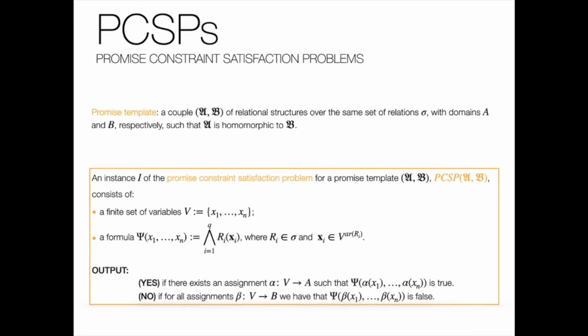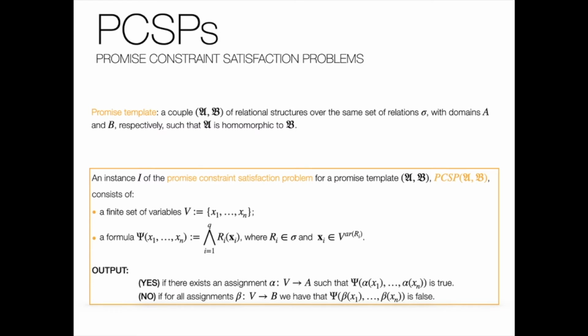A promise template is a couple (A, B) of relational structures over the same set of relations Σ with domains A and B respectively, and such that the relational structure A is homomorphic to the relational structure B. An instance I of the promise constraint satisfaction problem for a promise template (A, B), or PCSP(A, B) for short, consists of a finite set V of variables x1 up to xn and a formula ψ which is given as the conjunction of finitely many relations from Σ applied to some of the variables from V. So far, the definition of an instance of a PCSP is the same as the definition of an instance of a classical CSP.